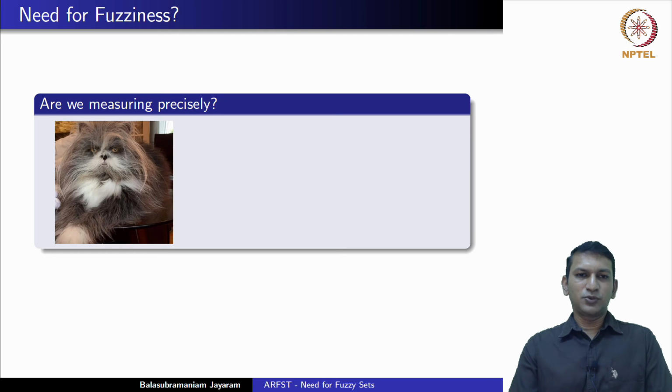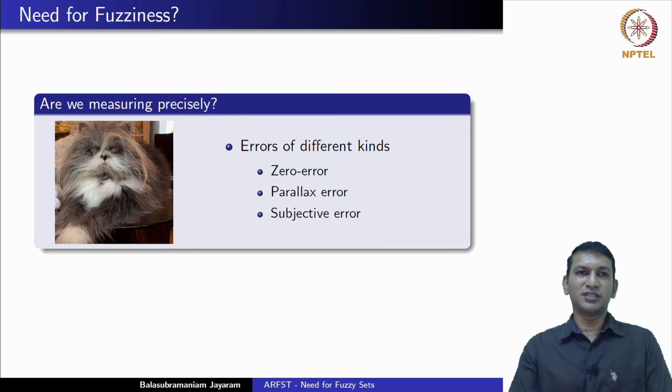Now consider this question. When we measure something, we know that there are lots of possibilities for errors to creep in. There are different kinds of errors. All of us would have done some amount of experimentation, either in chemistry lab or in physics lab. There are errors associated with the instrument itself, for instance, zero error.